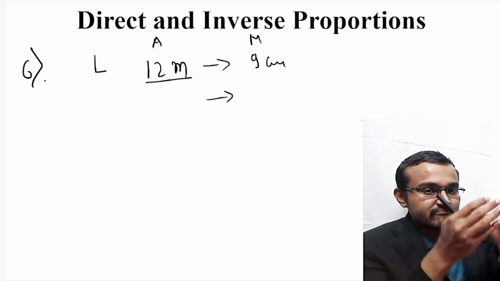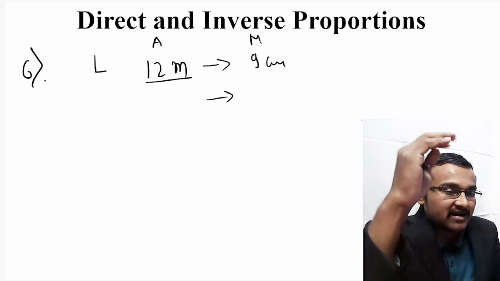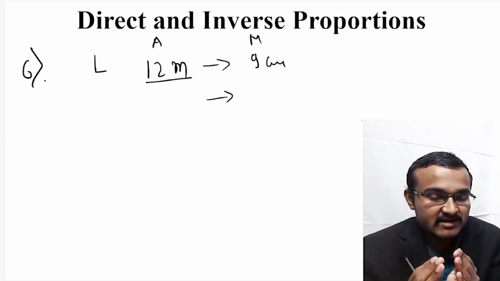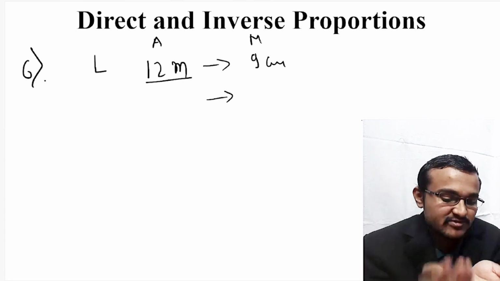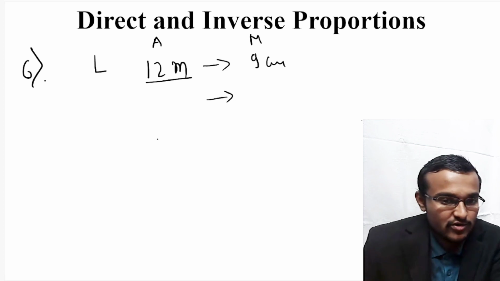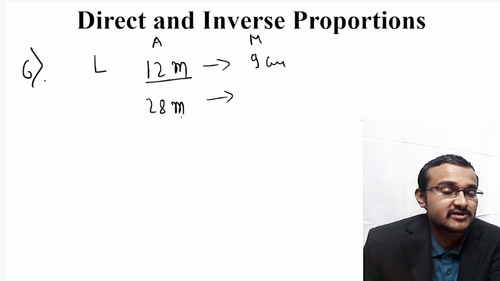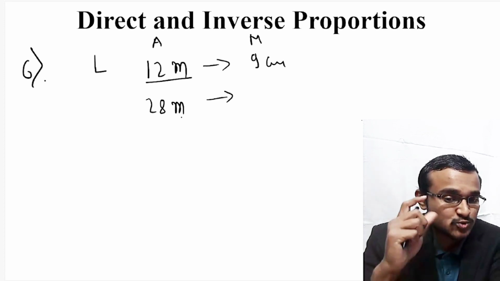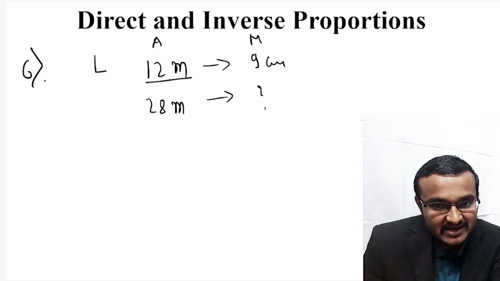So if there is a big, actual ship which has a mast equal to 12 meter, and if you are creating a miniature, a model of that ship, it has the mast equal to 9 centimeter. Now if the original ship has a 28 meter long mast, then how much will the model ship have? So that is the question.